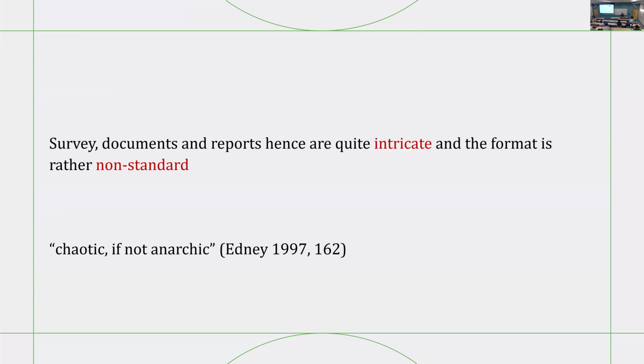So how are the documents and the surveys? What do they look like? Because they collected very granular details, the surveys and documents have an intricate format that is quite non-standard, even chaotic, because they put so much information in just one document.